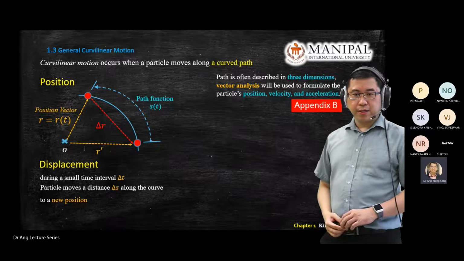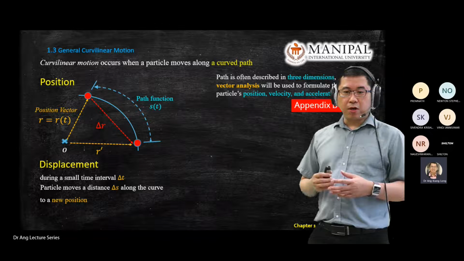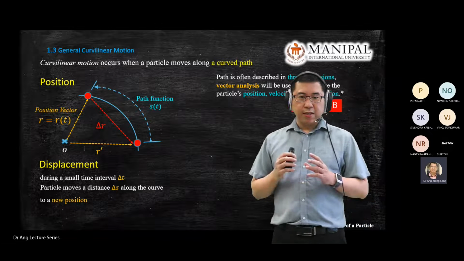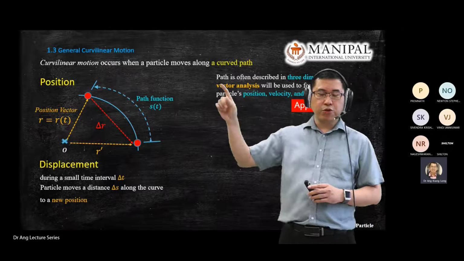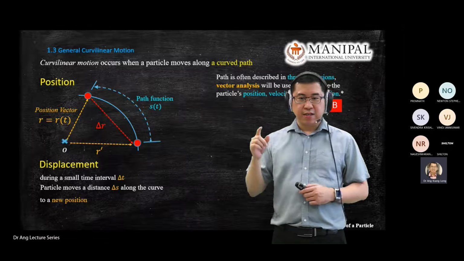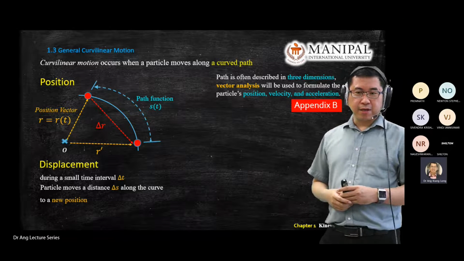All right, just a quick recap or quick revision. What is the difference between curvilinear motion and linear motion or straight path? Are you able to answer that?